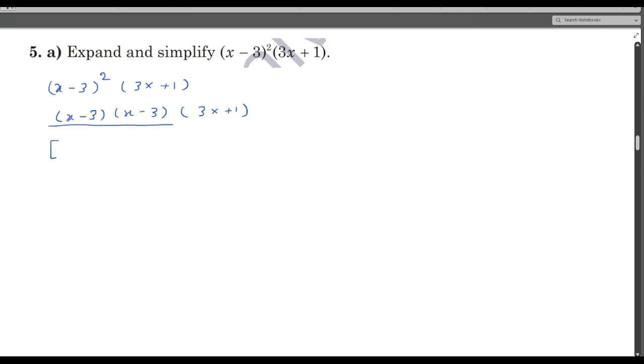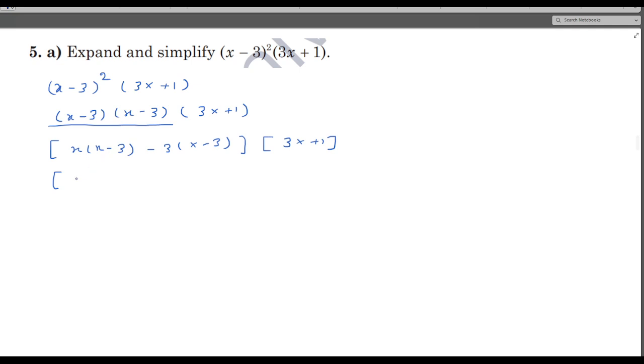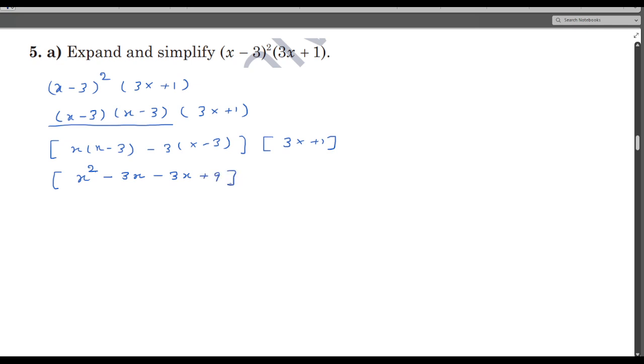Okay, so here x will multiply by x minus 3, and then minus 3 will multiply by x minus 3, and this whole is multiplied by 3x plus 1. So in this first bracket here we will use the distribution property. x multiplied by x is x square, minus 3x plus 9, and this is multiplied by 3x plus 1.